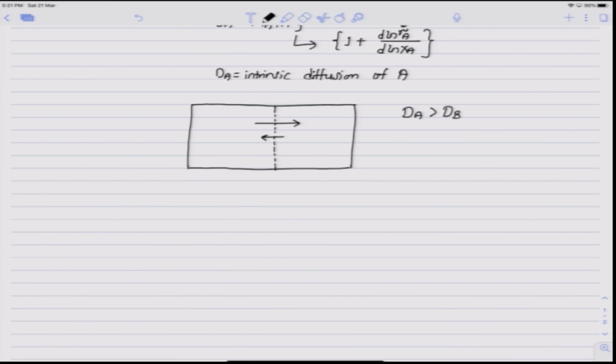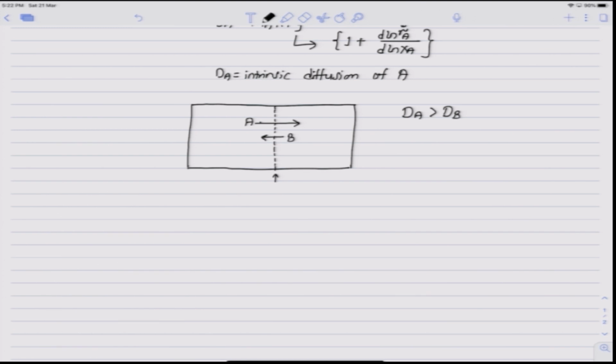So obviously in a given interval of time there will be more A atoms moving from left to right compared to the number of B atoms moving from right to left. Because of this, there will be a net mass transfer across this initial contact plane. Hence, it will look like the left portion of the alloy has shrunk, whereas the right portion of the alloy has expanded.